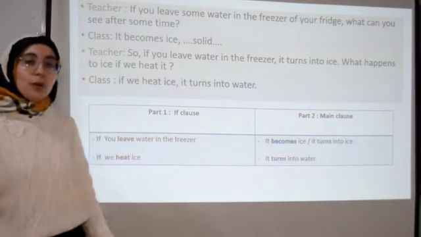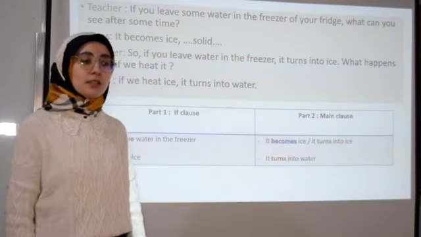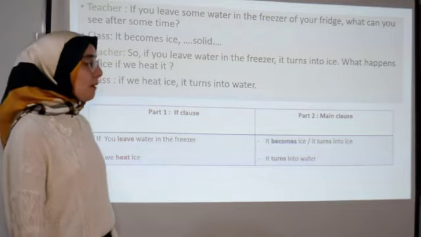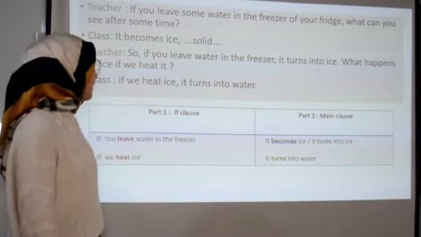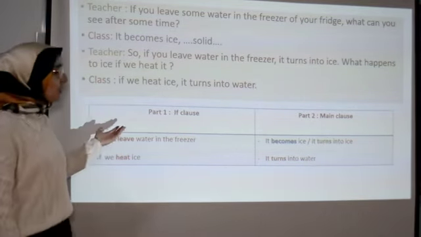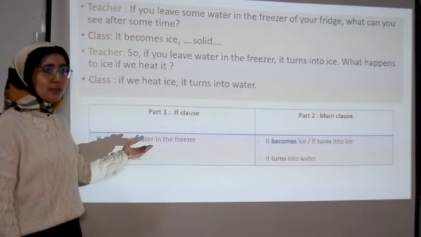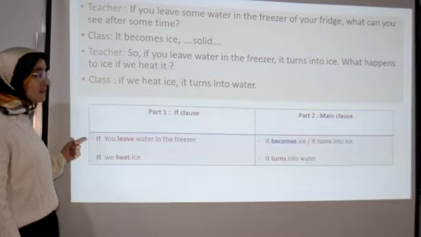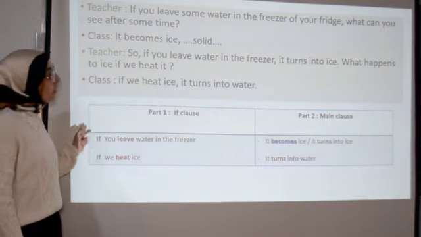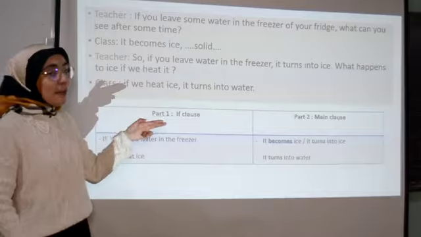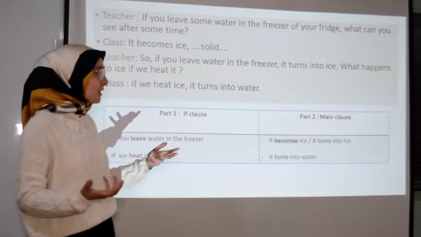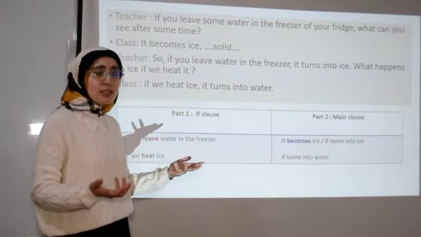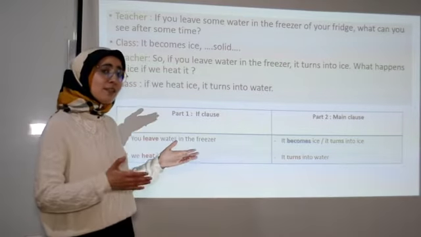Great, so part 1 we call it if clause and part 2 main clause. In your opinion, why do we call the part 1 if clause? Because first we have in both sentences if. Part 2 main clause. What does it mean? It means it's an independent sentence.